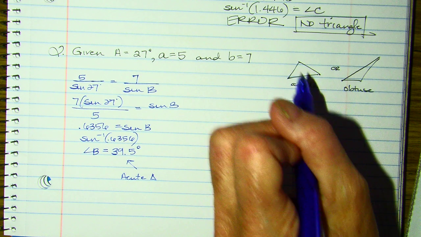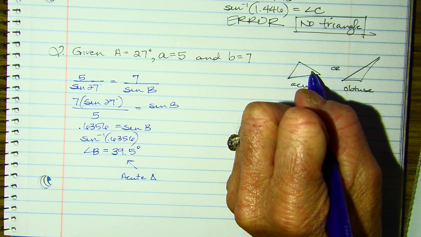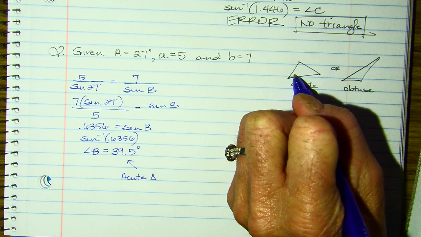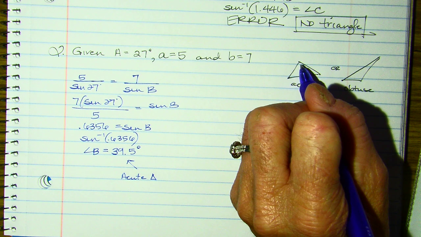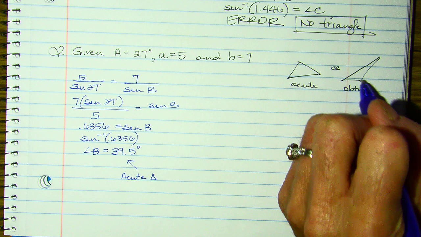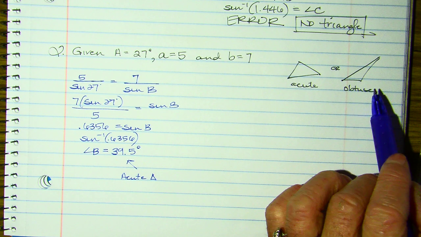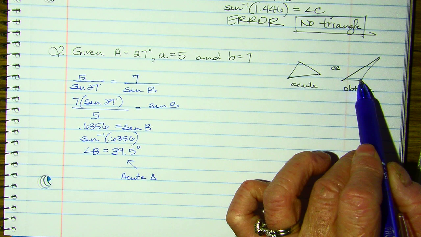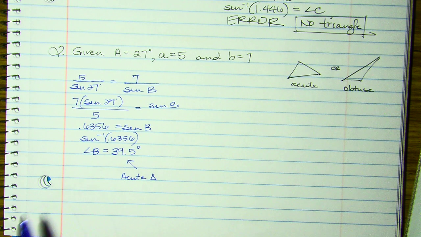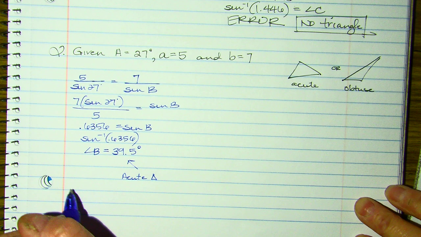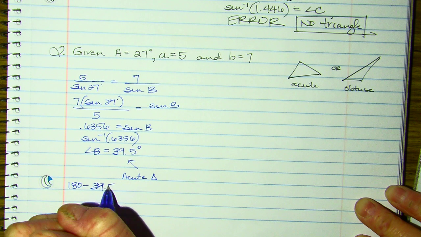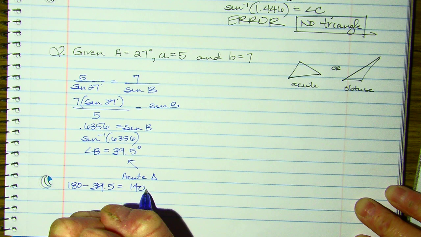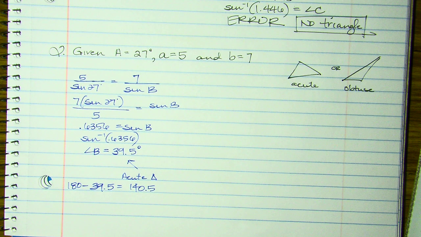But it is possible if this is 27 and this is 39.5, then this angle here would be quite large. Or it's possible on the other side that I could have 27, a very large angle, and two really small angles. So the other possibility would be 180 minus 39.5, which would give me 140.5. Make sure I did my math. Yes.